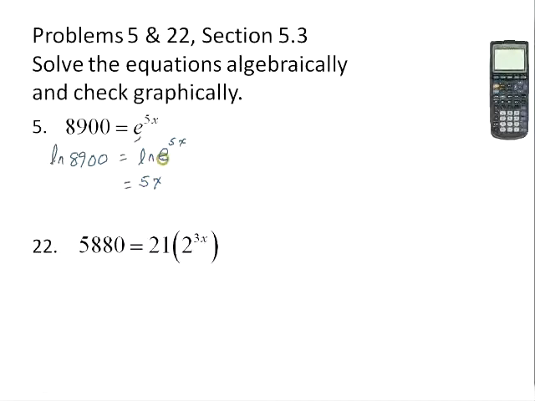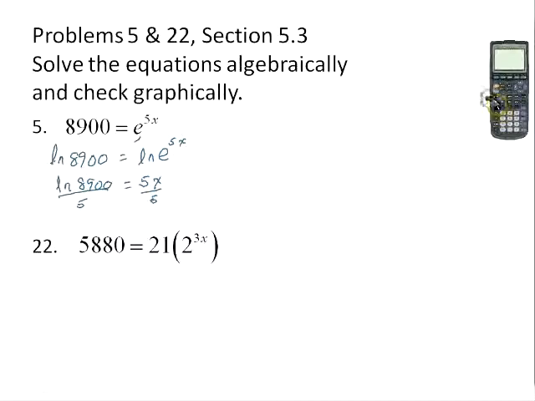This is using the inverse property of the natural logarithm function and the e to the whatever function. I'll rewrite the left-hand side as the natural logarithm of 8,900. To solve for x now, we need to divide both sides by 5. If I divide both sides by 5, I'll get my answer.